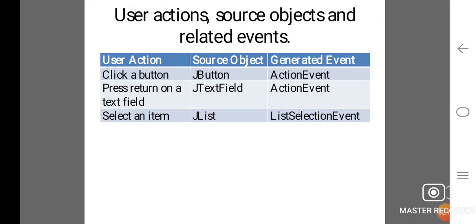User actions, source objects and related events. User action: click a button, source object is JButton, generated event is ActionEvent. User action: press enter on a text field, source object is JTextField, generated event is ActionEvent.